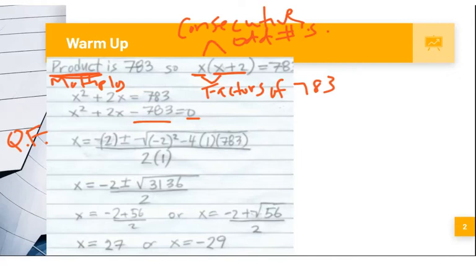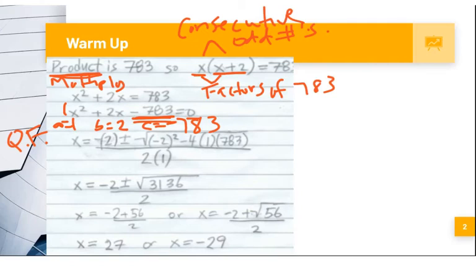Otherwise, your A, which is 1, right, that invisible 1, your B, which is 2, and importantly here, your C, which is not a positive 783, but a negative 783. So it's super important, guys, that you have it equal to 0. Otherwise, the sign of either your A, your B, or your C is going to be wrong.